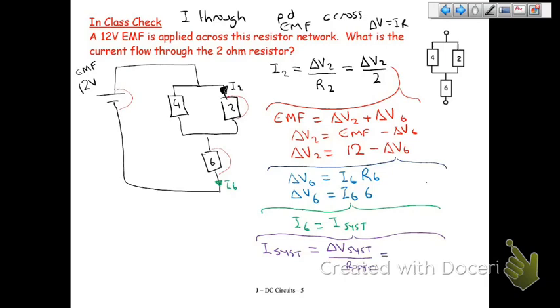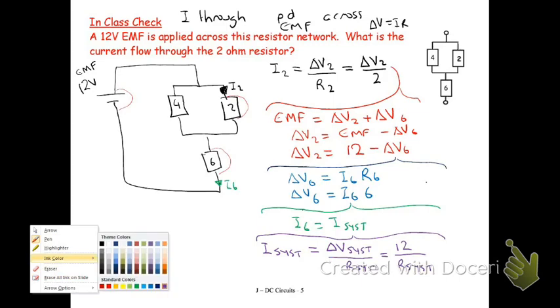which equals, what's the potential difference across my entire system? 12 volts. 12 over R sys. Let's go back to black.